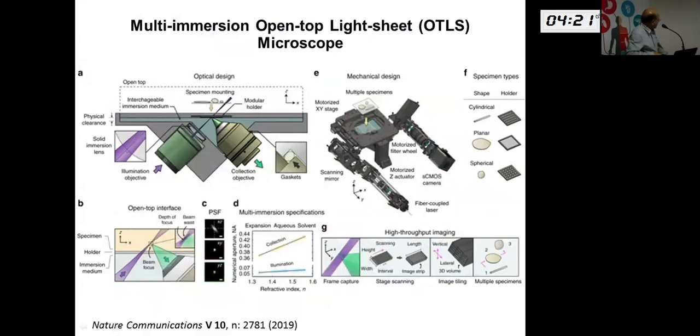And here is the illumination objective, and here is the collection objective. Light goes in, the reflections are captured. These are the two arms. This is feeding laser through the light, and motorized top microscopy stage can slowly rotate the specimen to have laser beam pass through, and the light is collected.